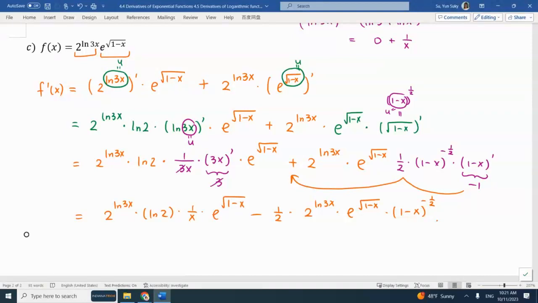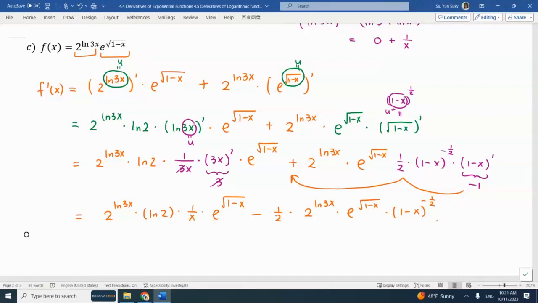So yeah, you see this problem is more complicated. We first use product rule, and then here we use chain rule, and then you use chain rule again, right? And then here we use chain rule, and then we use chain rule again. So we use chain rule 4 times and use product rule 1 time. Okay?